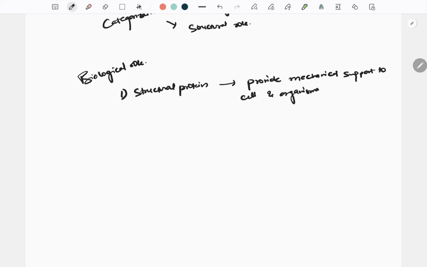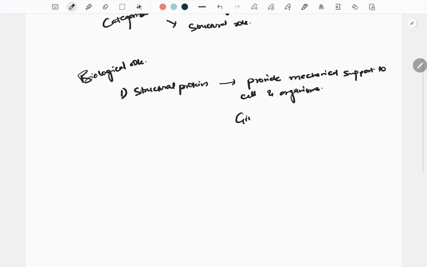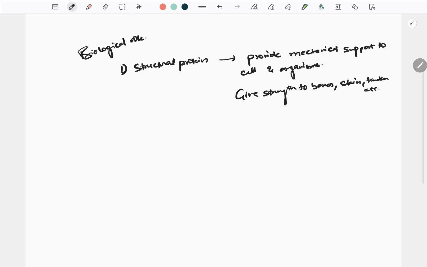Okay, and it also gives strength to bones, skin, tendons, etc. Right? So this is the basic function that we need to consider, and the example of these are collagen, that you must have heard about, or elastin.